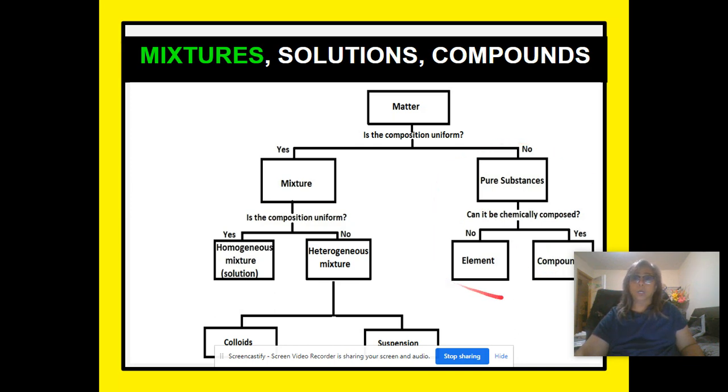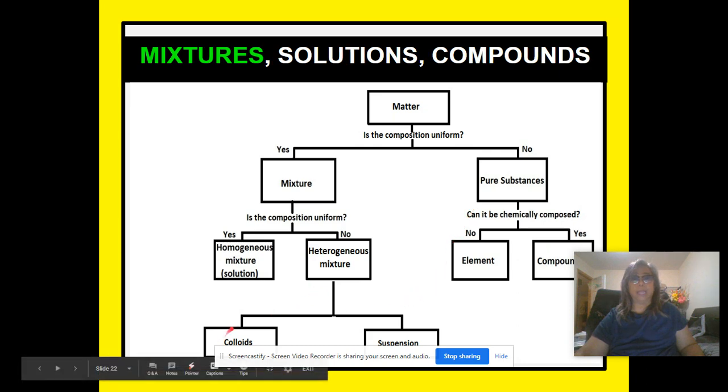This would be a big separate unit for grade 9. Then, time permitting, we would have a DI or direct instruction on the differences between colloids and suspensions. But for now, let's concentrate on mixtures, solutions, and compounds.